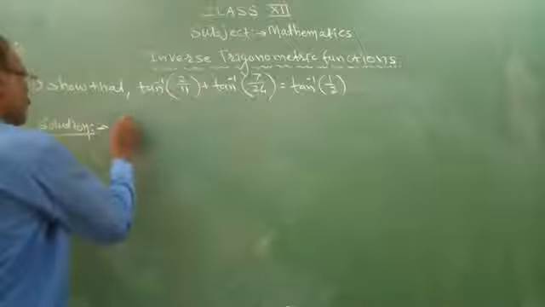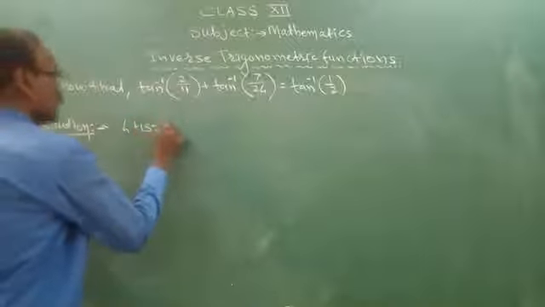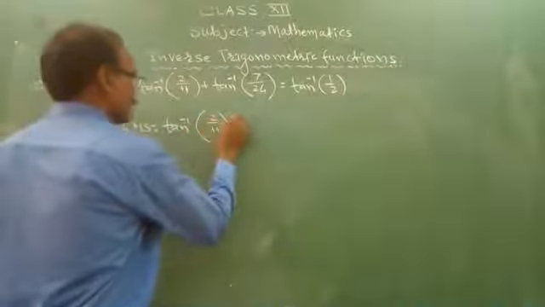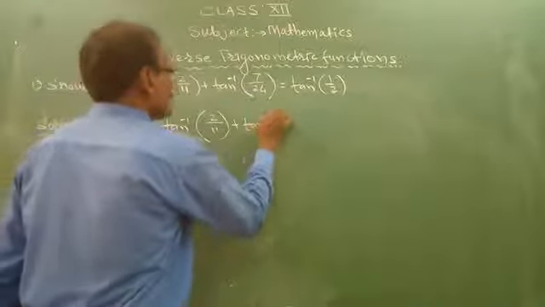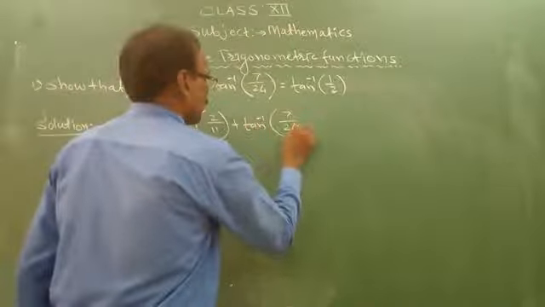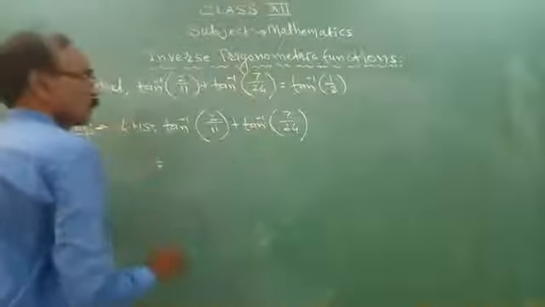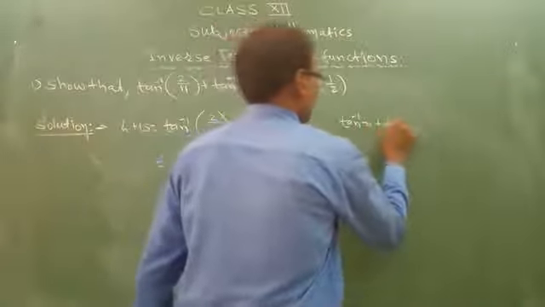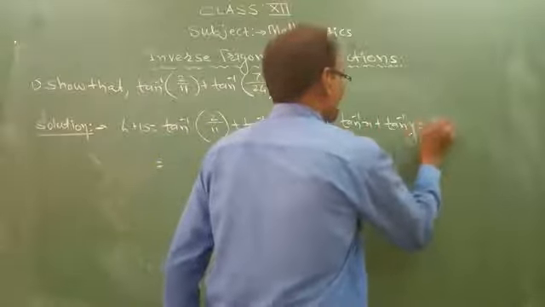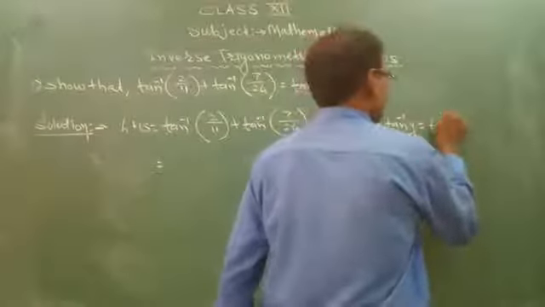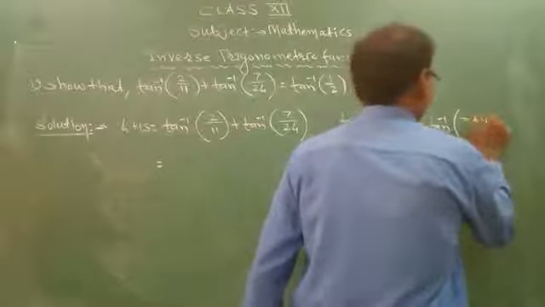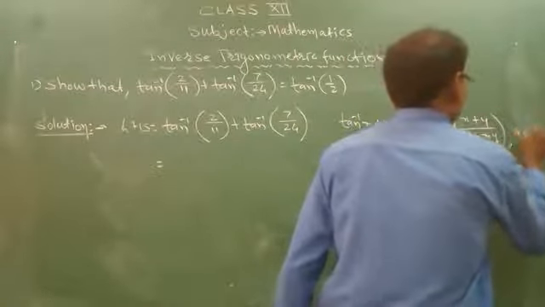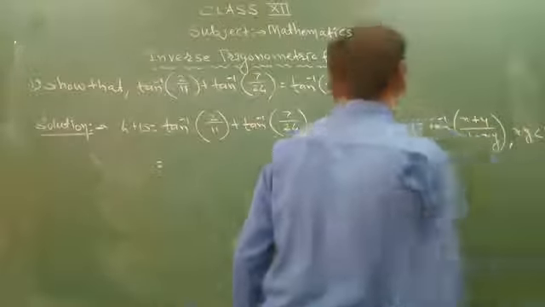So left hand side equals tan inverse 2 upon 11 plus tan inverse 7 by 24, equals, using this formula, tan inverse x plus y upon 1 minus x into y, where x into y is less than 1.